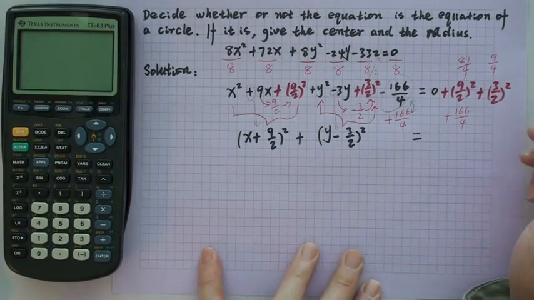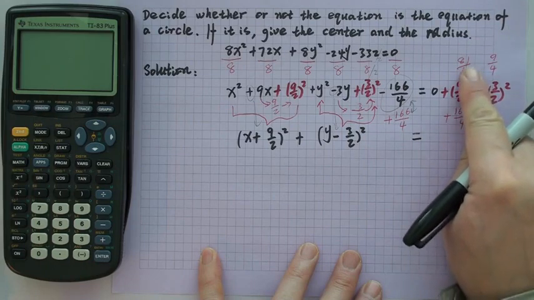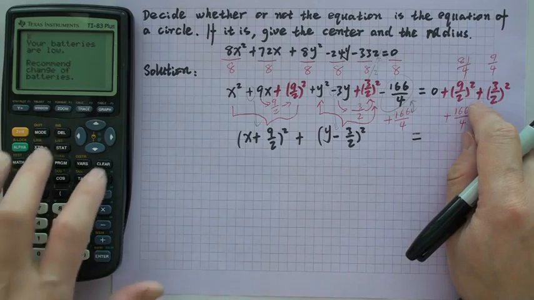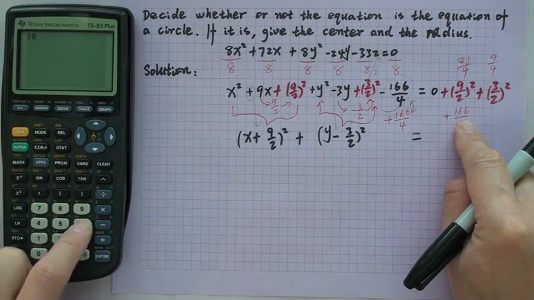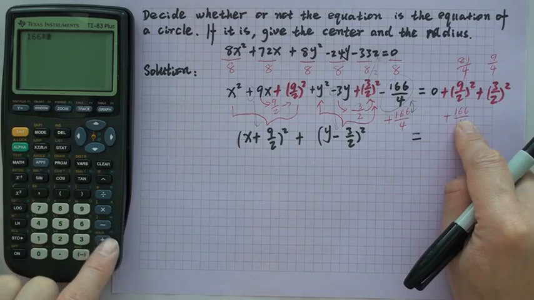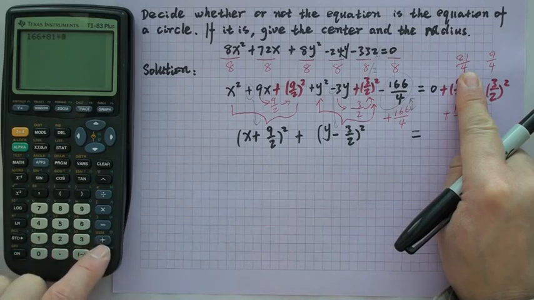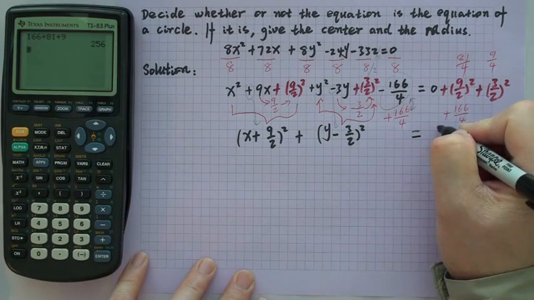So you then have 166 plus 81 plus 9. You add together, that's 256.